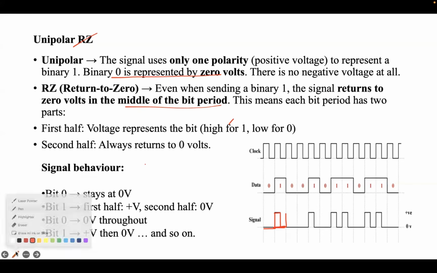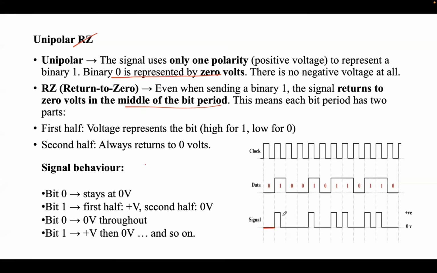So let me show that to you clearly. If you take the binary value 0, voltage is always 0. Whereas if it is 1, you need to consider two different partitions here because there is a return to 0 in the middle of the bit period. So this is the complete bit frame allocated for this binary value 1.